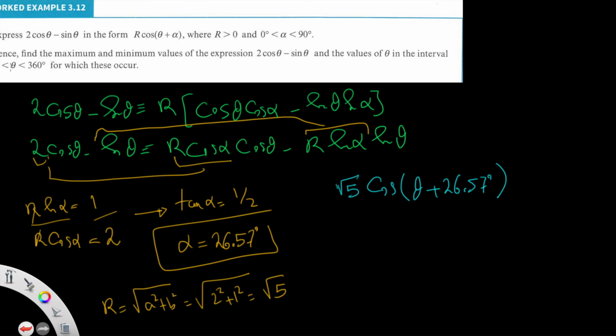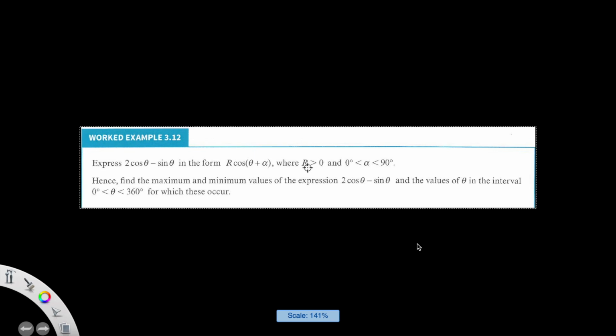It says hence, which means that the answer we just found must be used to find the maximum and minimum values for the expression. So let me erase the page to have more space to solve the rest of the question.